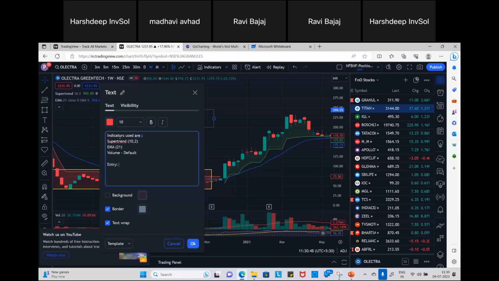Entry: alert candle when Supertrend changes color from red to green. First opportunity: above alert candle.